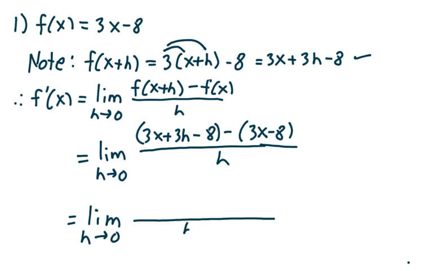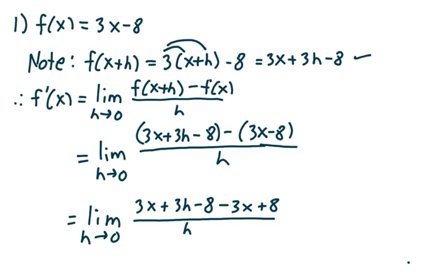Now in the denominator I have h. In the numerator I have 3x plus 3h minus 8, and I'm going to distribute the negative inside to each term within the second parenthesis.